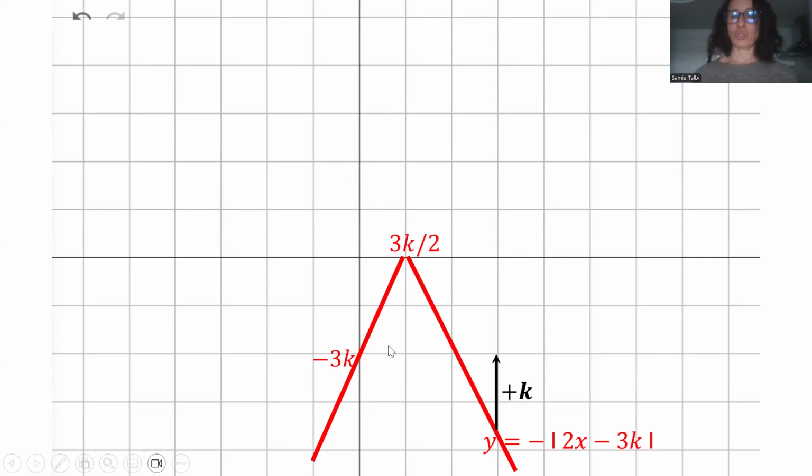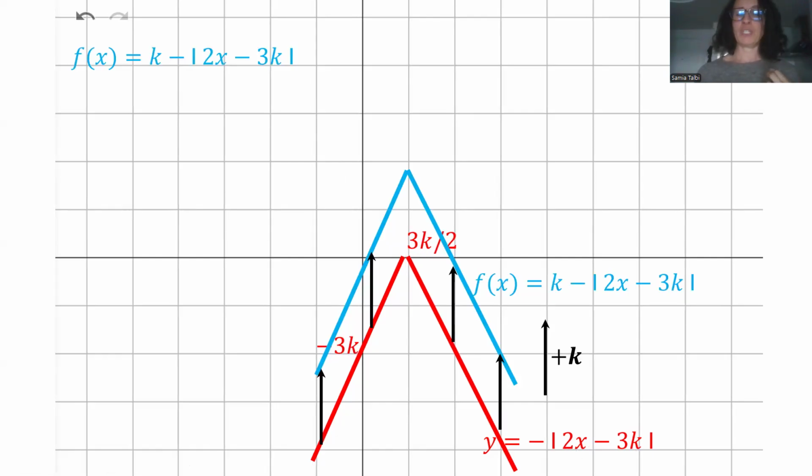So I'll go back to that curve with the minus modulus. I'll add a k and just remind that we'd be moving up. I will keep the 3k over 2, which is the 0 of the minus modulus function. And because it's a minus modulus function, this value would correspond to the maximum of it.